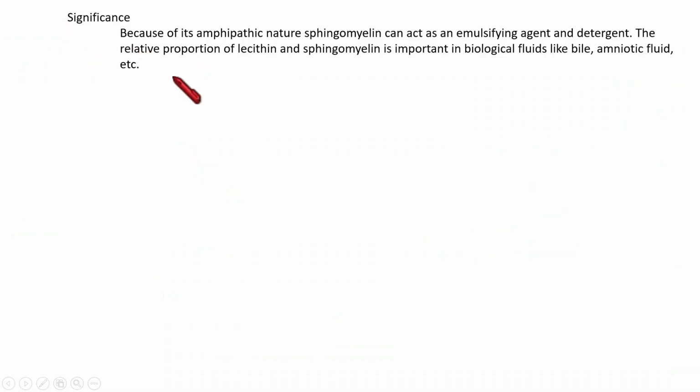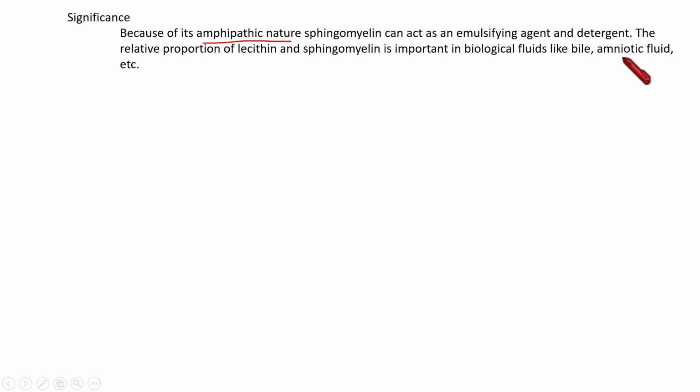Then what is the significance of this sphingomyelin? It is amphipathic in nature, and it is also an emulsifier. It can mix two substances thoroughly together, and also it is a detergent. And one more importance, I have already told you in the former video about lecithin, how doctors understand the healthy development status of the embryo by checking the lecithin sphingomyelin ratio of the amniotic fluid.